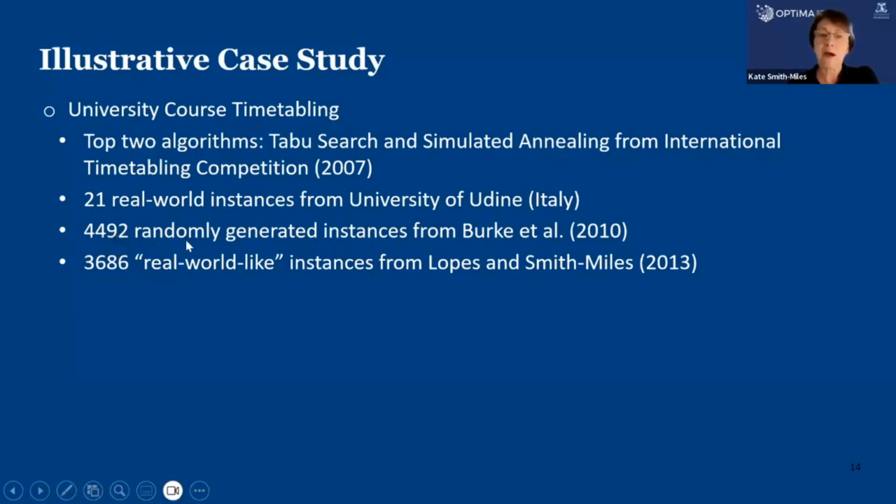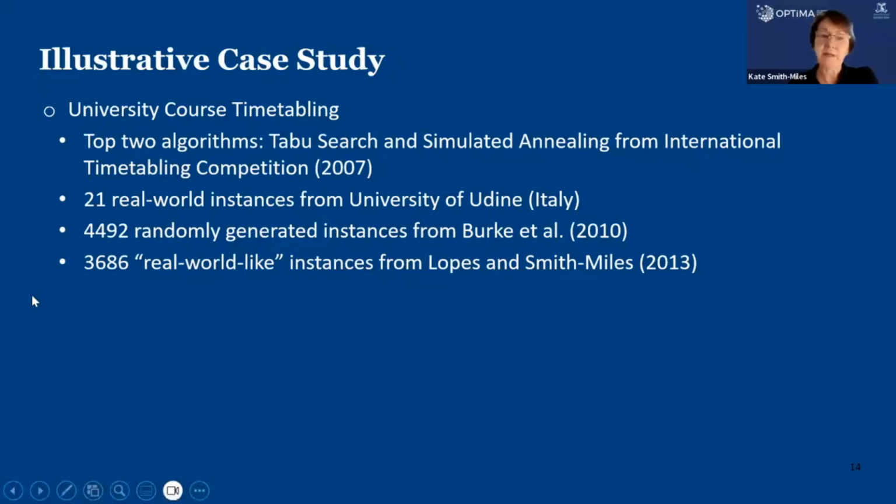Over 4,000 of them are randomly generated instances from a published timetabling instance generator from Edmund Burke's team in the UK. And 3,686 are real-world-like instances that we developed based on taking the Burke generator and using machine learning to change the parameters to learn to produce more instances like the Italian university instances, real-world.